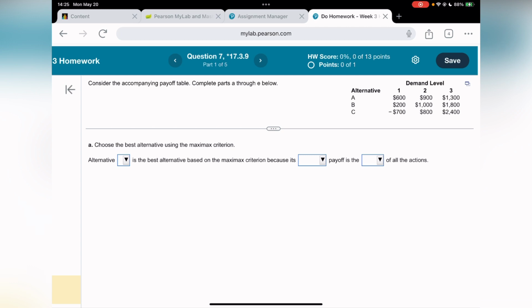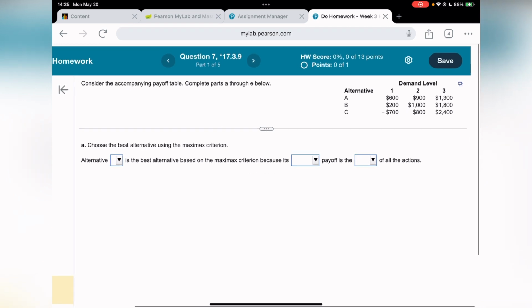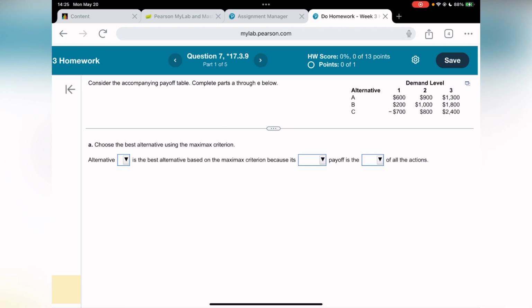So question number 1. Choose the best alternative using Maximax. Maximax is, that means we have to choose maximum from each of the alternatives. Maximum for alternative A is 1300, for B 1800, C 2400, which means the alternative is going to be C in my case.